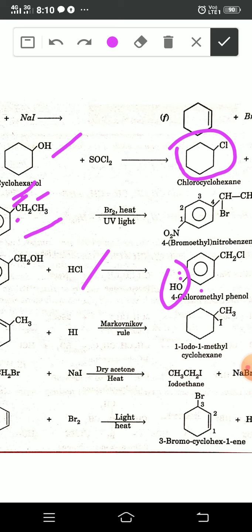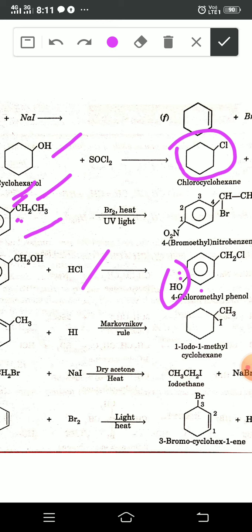Remember, it reacts with free radical mechanism, and a secondary free radical is more stable than a primary one. If bromine attacked at this point, it would be a primary free radical, which is unstable in comparison to this.